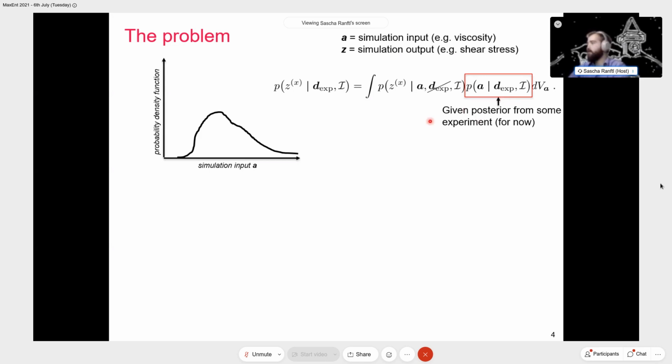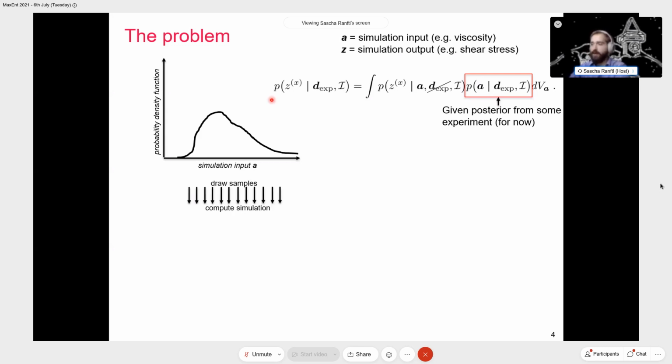Let's assume that this PDF of A is determined by some experimental data that has happened before the simulation. Let's say that it looks something like this. So the PDF of A could look something like this, and we want to solve this integral equation.